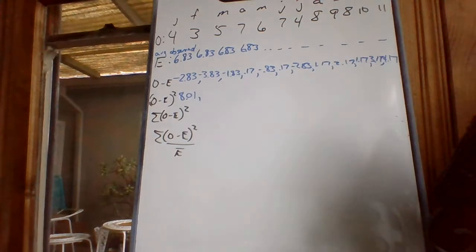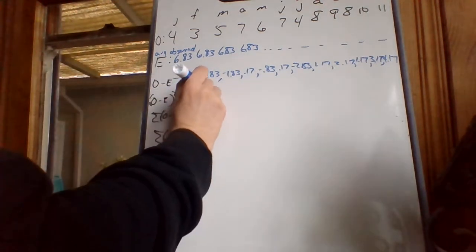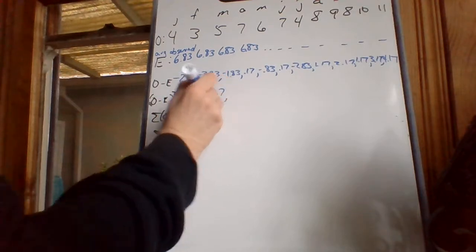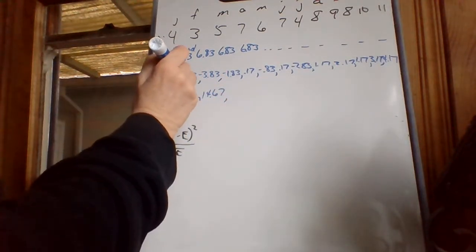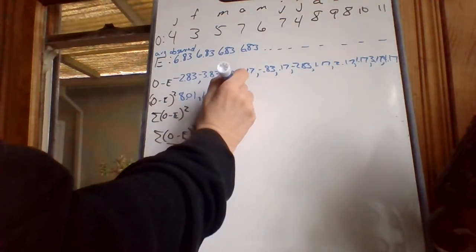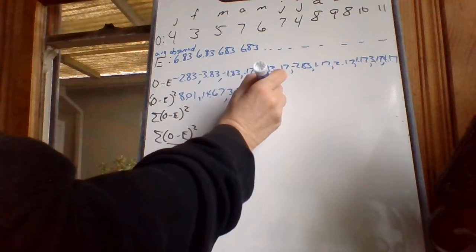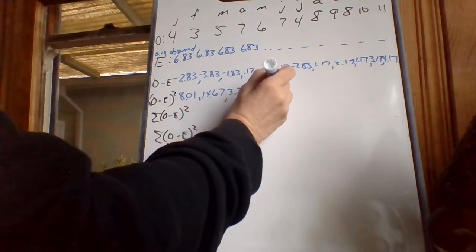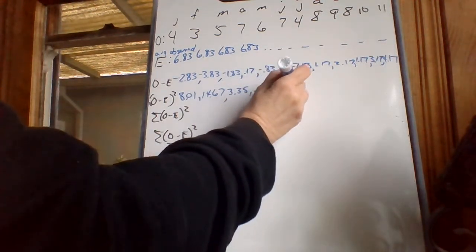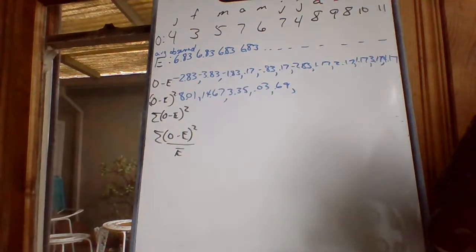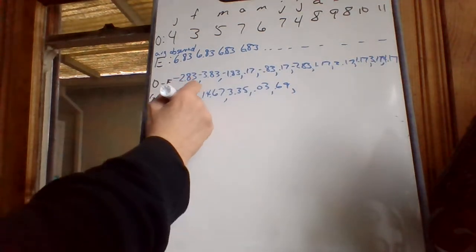Negative 3.83, I'm going to get 14.67. Negative 1.83, I'm going to get 3.35. 0.17, I'm going to get 0.03. Then 0.69. And so on down. I'm going to get all 12 of those numbers.